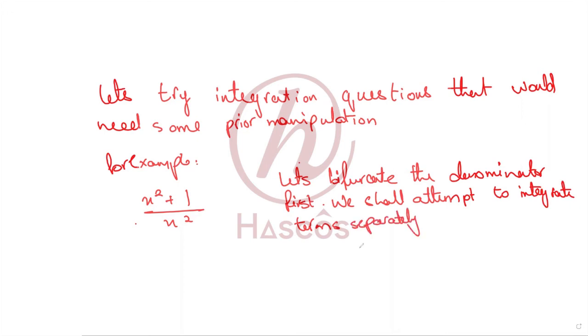So we had x squared plus 1 upon x squared. We can write this as x squared upon x squared plus 1 upon x squared. This cancels out, becomes a 1. And this can be written as x to the power of minus 2. And then this starts integrating 1 plus x to the power minus 2 dx. This becomes 1x because it's a constant. Constant multiplies with the next one.